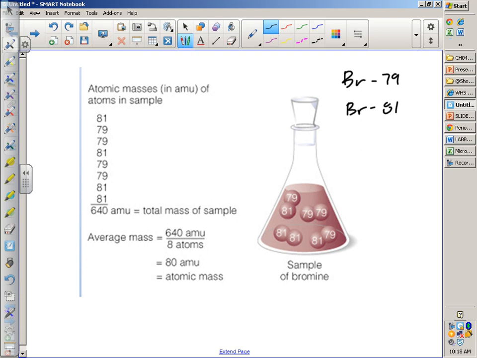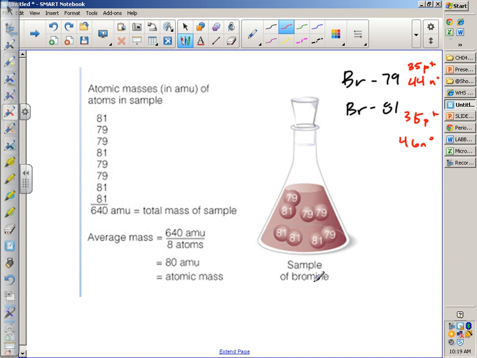We have 35 protons. Both of these bromine isotopes have 35 protons, but because their mass numbers are different, this one has 44 neutrons, while this one has 46 neutrons. Good there.